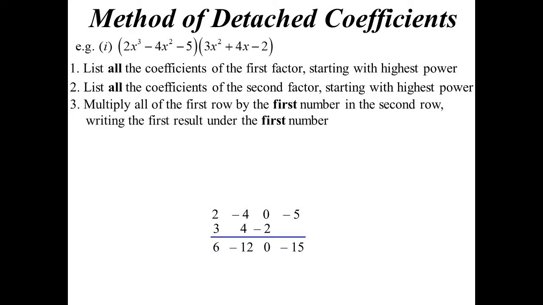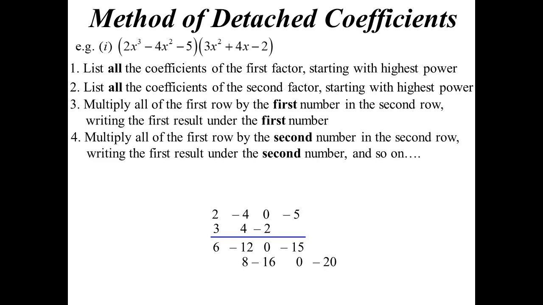Okay, multiply all of the first row by the first number in the second row, writing the first result under the first number. So everything gets multiplied by 3. Now multiply all of the first row by the second number in the second row, writing the first result under the second number.